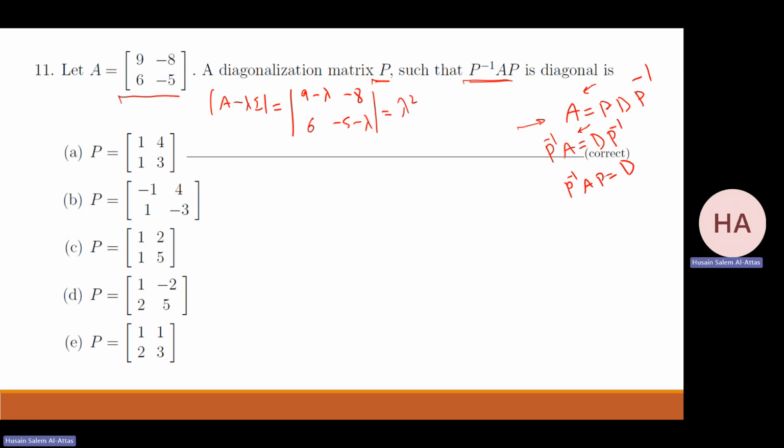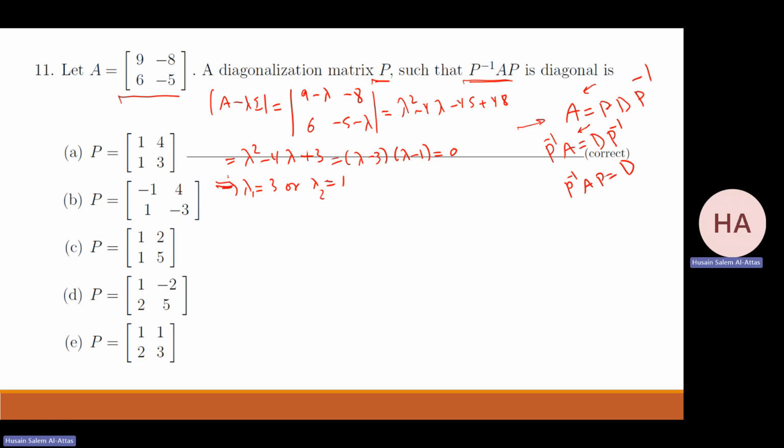Lambda square minus 5 lambda minus 9 lambda, minus 4 lambda minus 45 plus 48. That give me what? Lambda square minus 4 lambda plus 3. And this is what? Lambda minus 3 times lambda minus 1 equals 0. So lambda equal 3 or lambda equal 1.